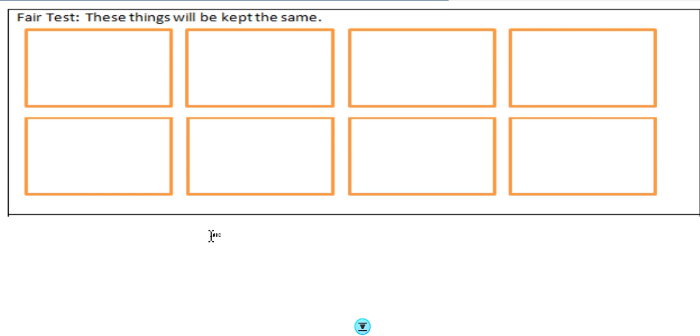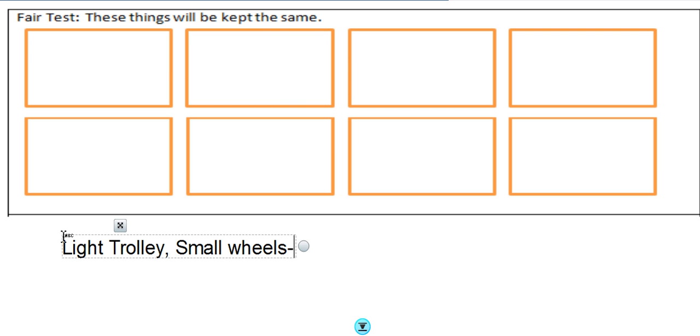Now let's say that I put a light trolley with really, really small wheels on. Okay, and I rolled it down the ramp, and I found that it took 10 seconds. So light trolley, small wheels, takes 10 seconds.